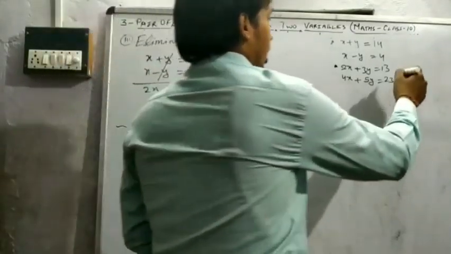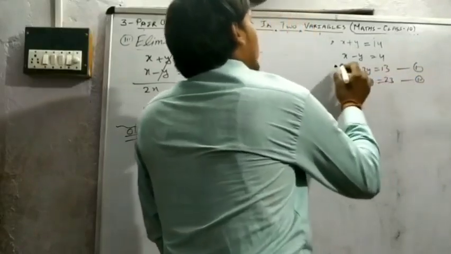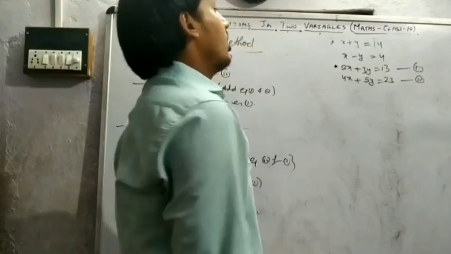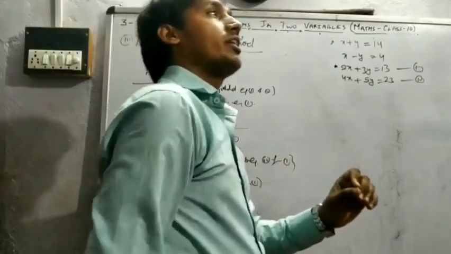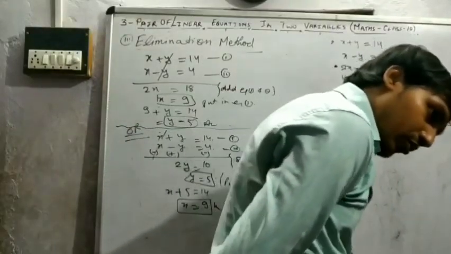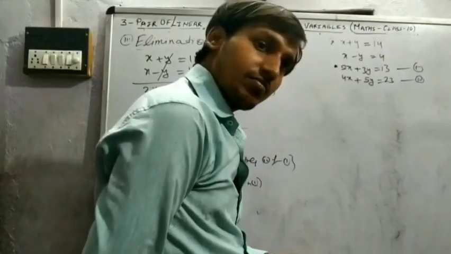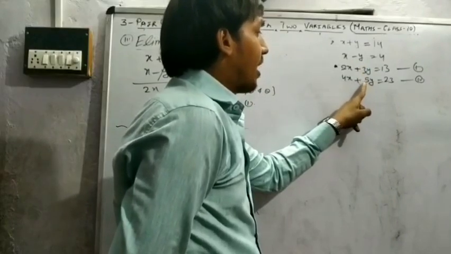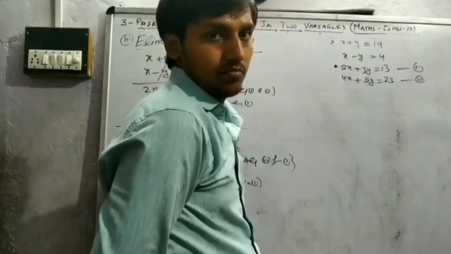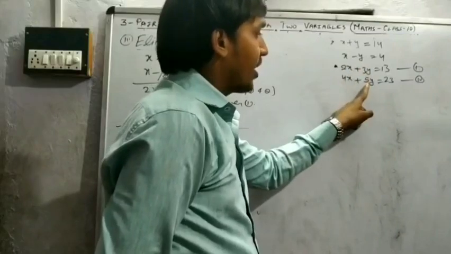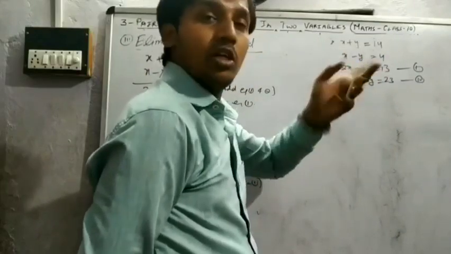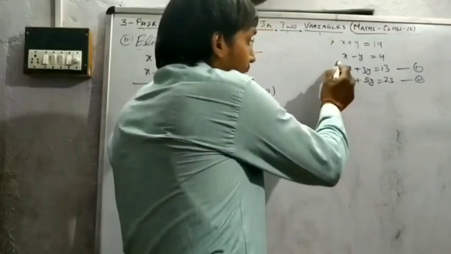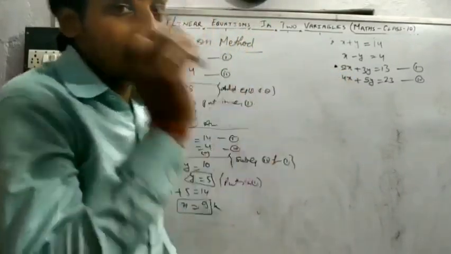Here, in the first equation, x 2, y 3, and in the second, x 4, y 5. Both are not equal. So it's an easy method to equalize them. Either multiply both equations by interchanging the coefficients. Means multiply the second by 3, and the first by 5. If we multiply by 3 here and 5 here, y becomes equal, 15. If we only multiply by 2 in the first equation, we get the x coefficient equal.